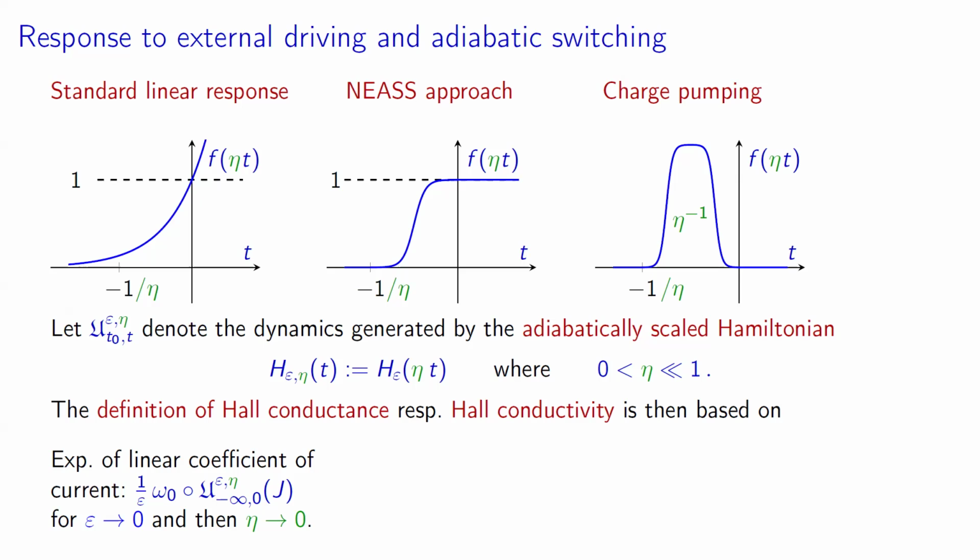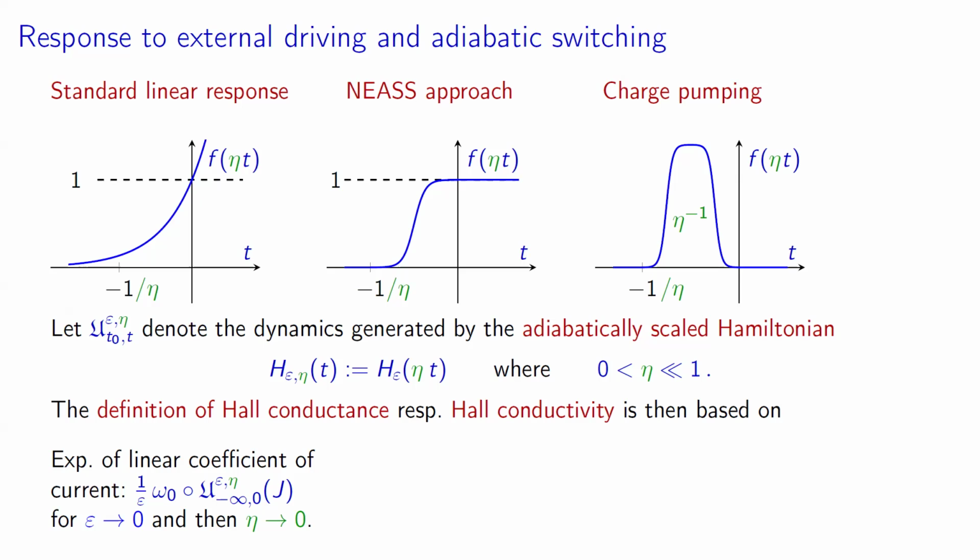Let me just say J is the current operator, or operator giving a kind of current density depending on the situation. Omega is the initial gap ground state, Omega composed with the time evolution generated by this Hamiltonian. This is the state at time 0 if I start at time minus infinity in the gap ground state.